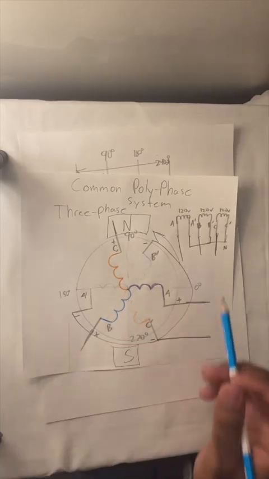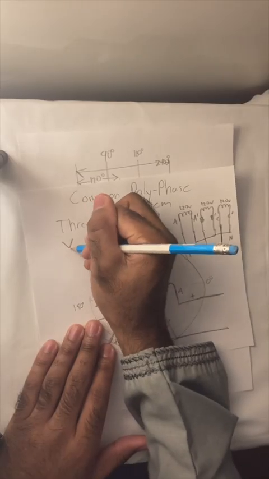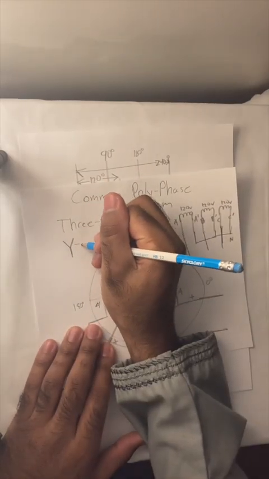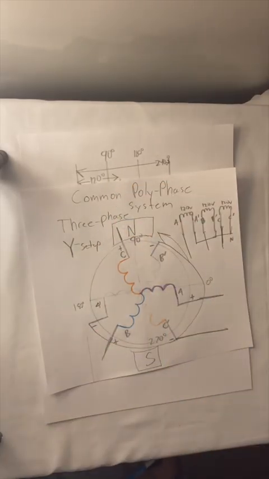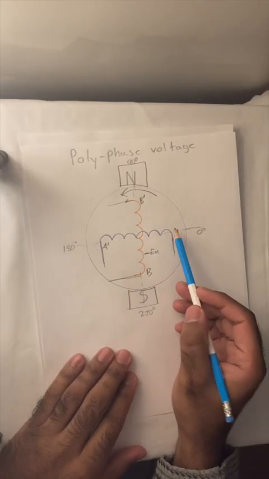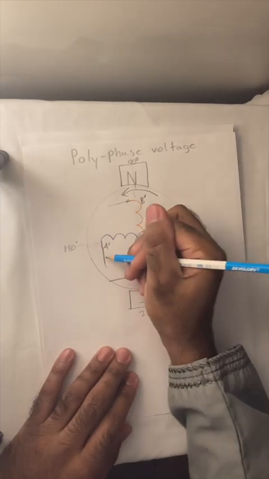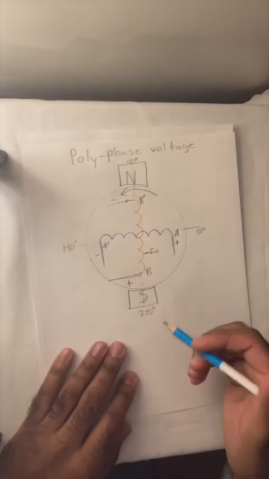So this is considered an interconnected system. In other terminologies, this is a star or a Y connection. So, Y setup. Why is this important? It's important because, similar to this system, if we consider this to be plus, this is the other polyphase: minus, plus, minus.